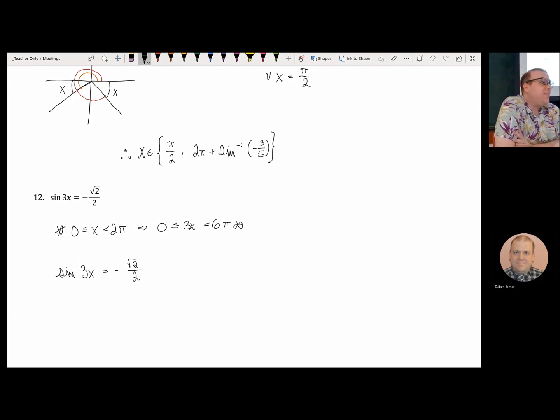So treat 3x like theta. If sine of 3x has to be negative root 2 over 2, then what does 3x have to be? In other words, where is sine negative root 2 over 2?